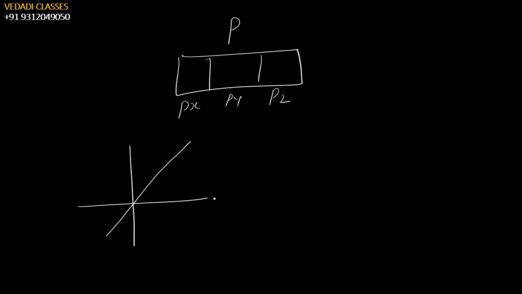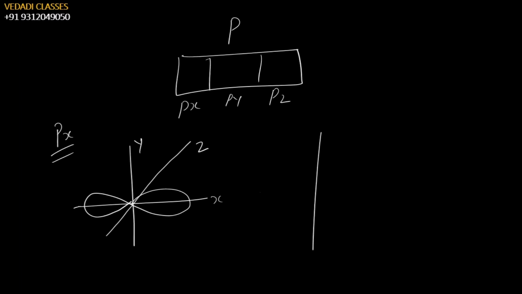This is the x-axis, y-axis, and this is the z-axis. If the dumbbell forms on the x-axis, this is px. All dumbbells are formed on the axis, so you should keep that in mind.